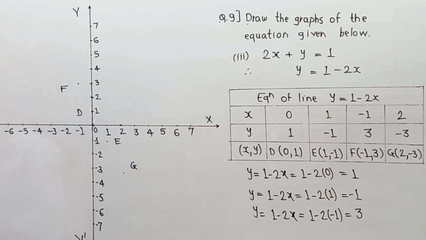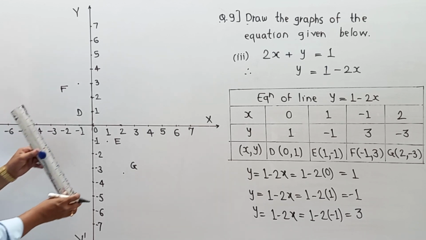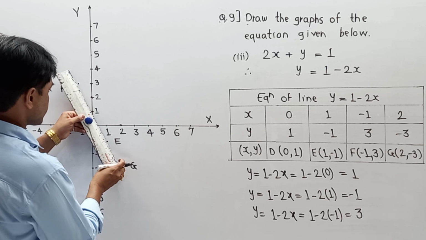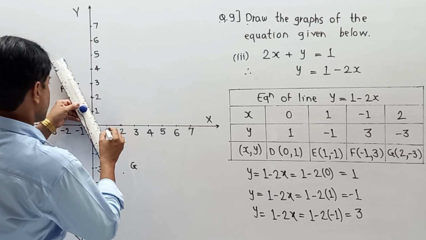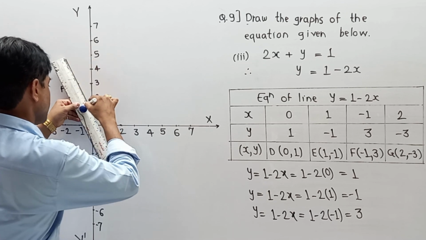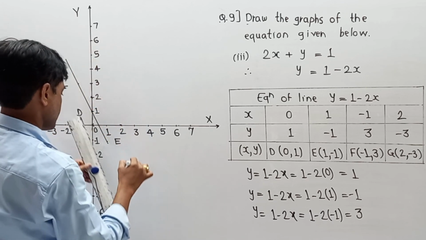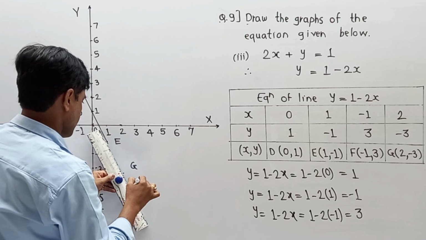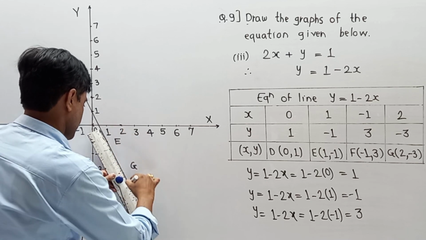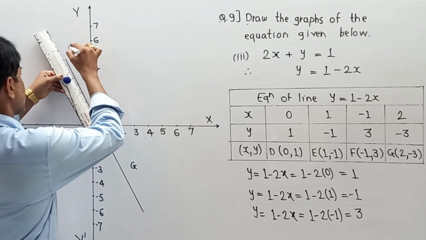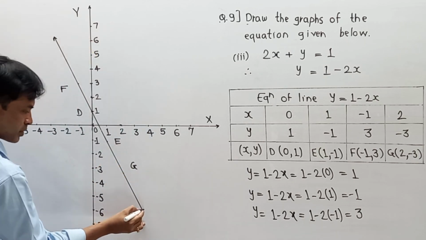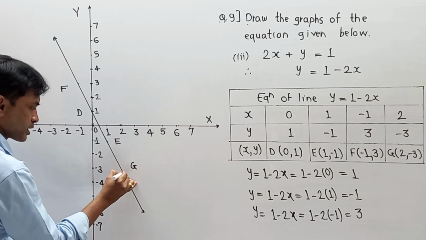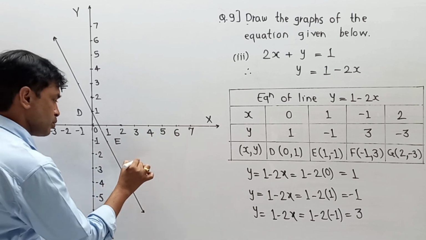Now I am going to draw one line that passes through all these 4 points. Highlighting the points once again: G is 2, minus 3.